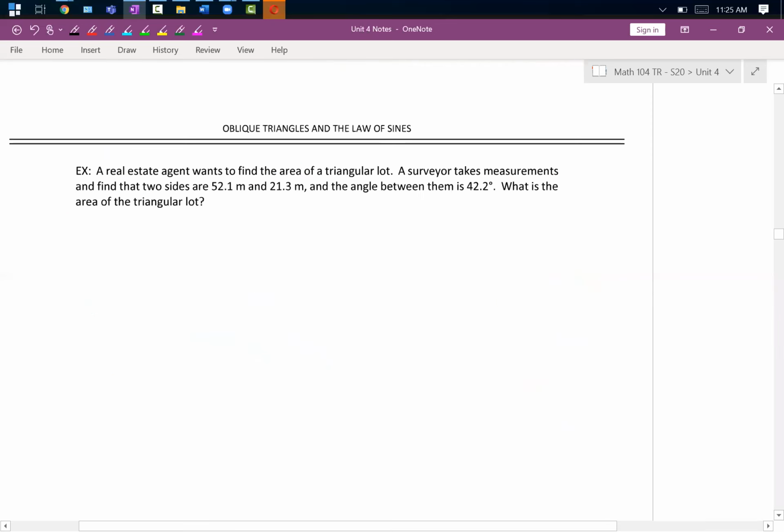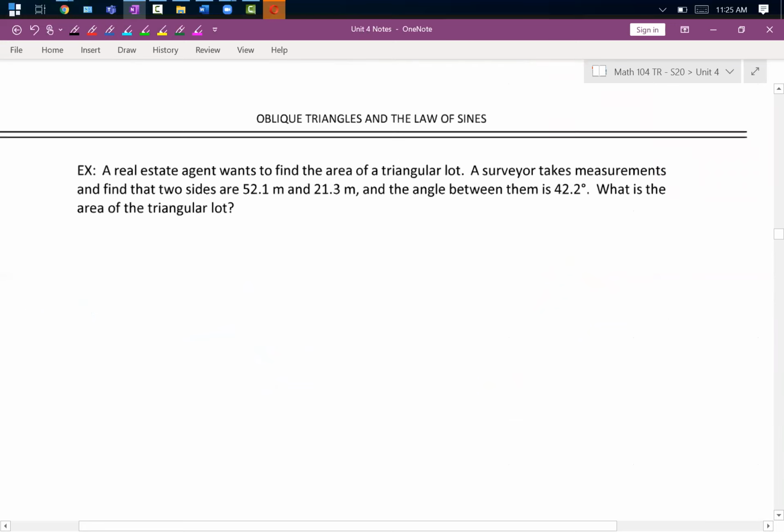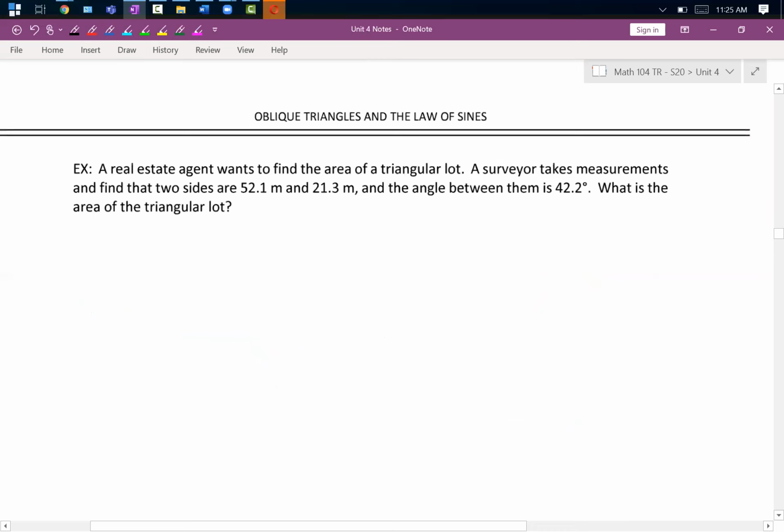Okay, let's take it to an application then. A real estate agent wants to find the area of a triangular lot. A surveyor takes measurements and finds that 2 sides are 52.1 meters and 21.3 meters, and the angle between them is 42.2 degrees. What is the area of the triangular lot? I'd probably draw a picture even though I don't really need it.